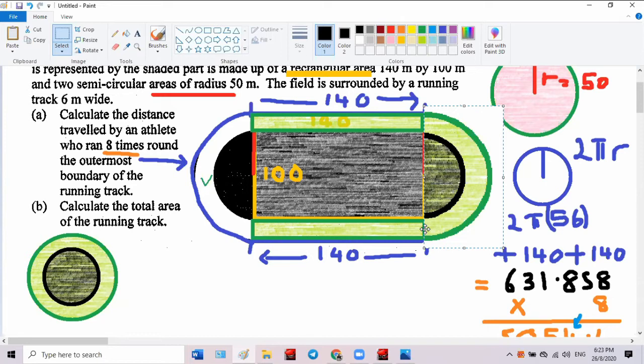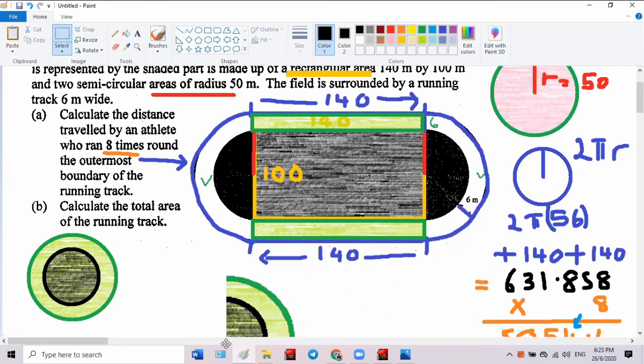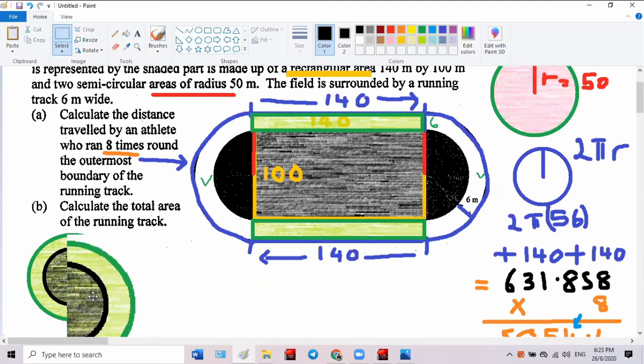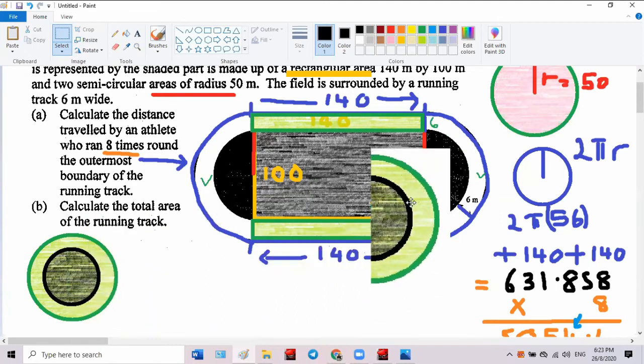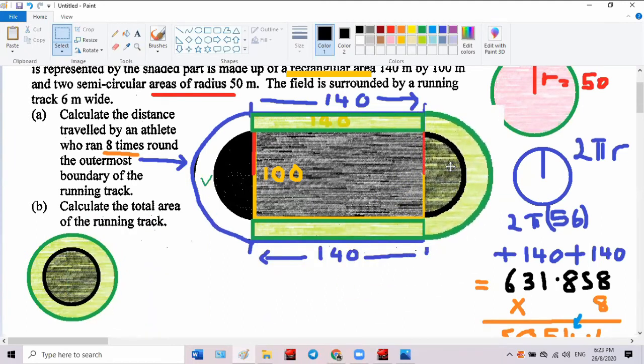I said to find the green patch, this curving green patch. You find one giant green circle minus one small black circle. You'll find a curvy one. Understand or not?